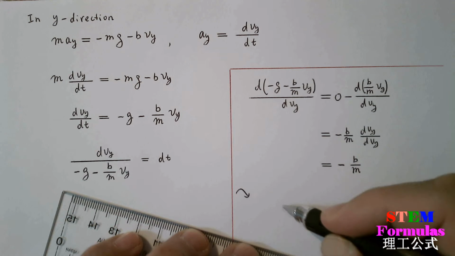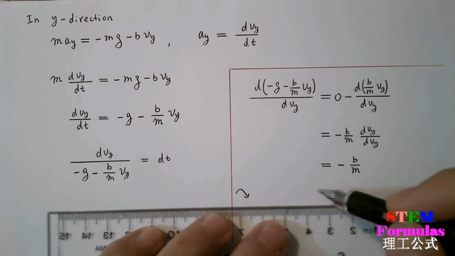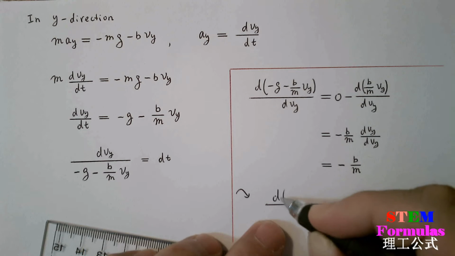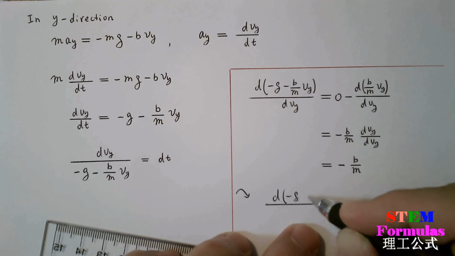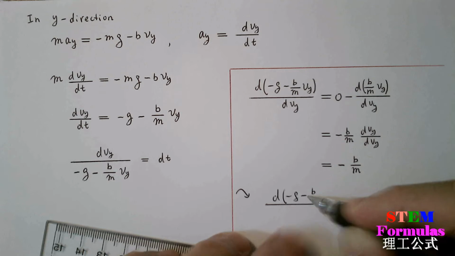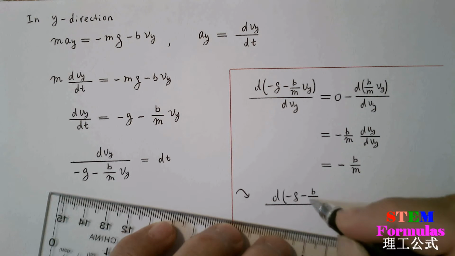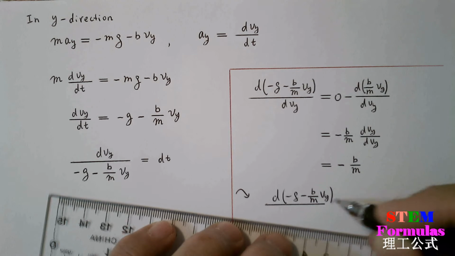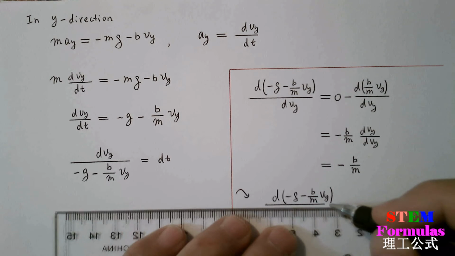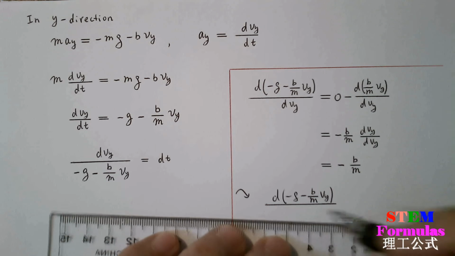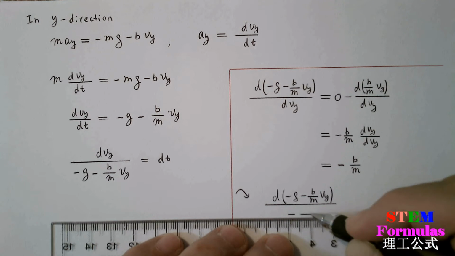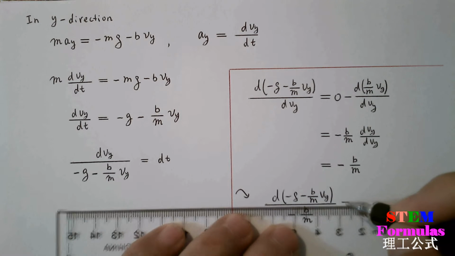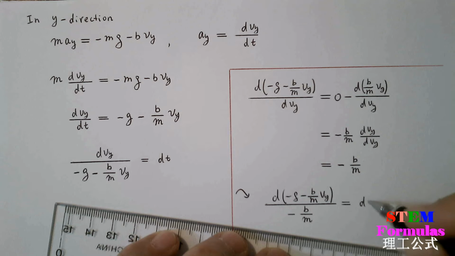Therefore, I have d of minus g minus b divided by m vy, divided by minus b divided by m, equal to dvy.